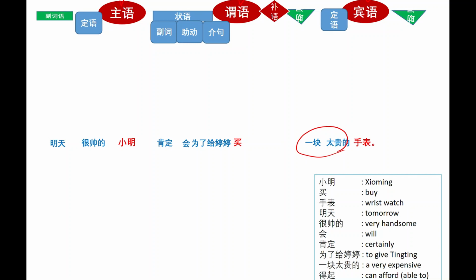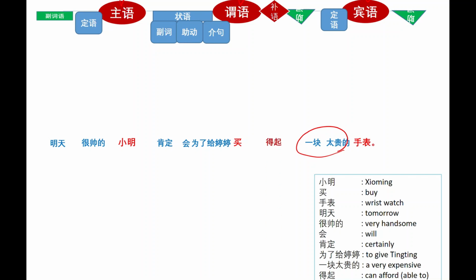Here, could you read again? 明天很帅的小明肯定会为了给婷婷买一块太贵的手表. Yeah. Does he have enough money? Let's see.